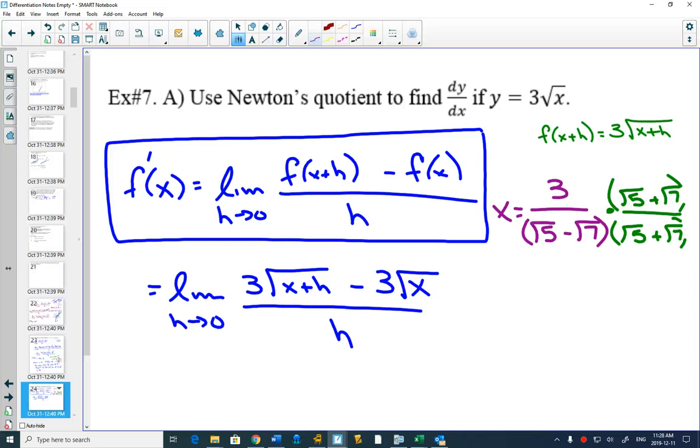The reason you multiply by the conjugate is on the bottom, it creates a difference of squares. What does a difference of squares do when you multiply them out? Right? What happens when you multiply x plus y times x minus y? You FOIL it out, and everything in the middle disappears, right?